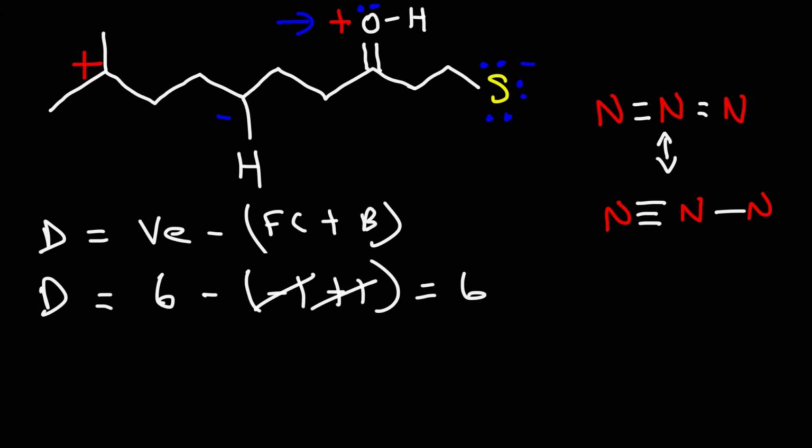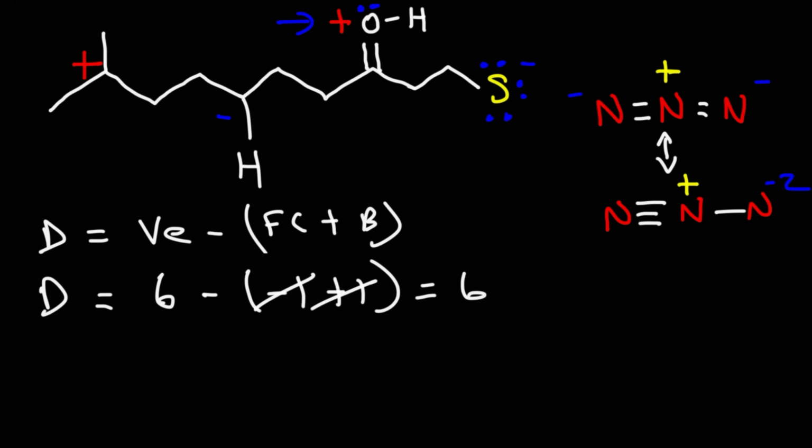That's another resonance form. Now in the first one, nitrogen has a positive formal charge in the middle, but at the end it has a negative formal charge. For the second resonance structure, in the middle it has a positive formal charge, and on the right it has a -2 formal charge.